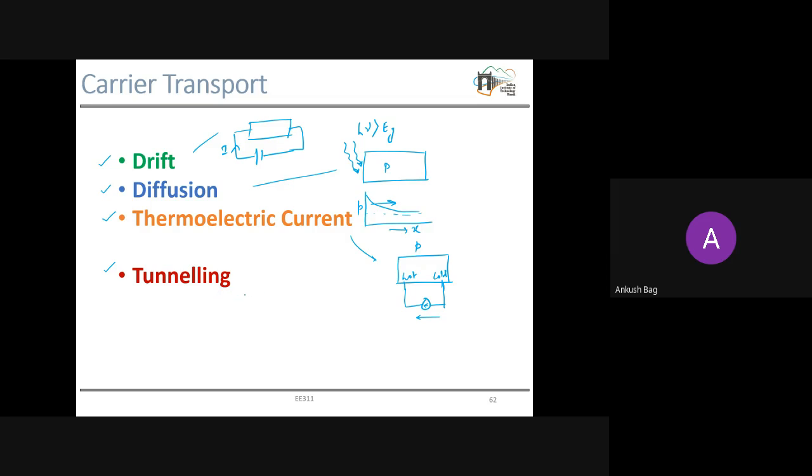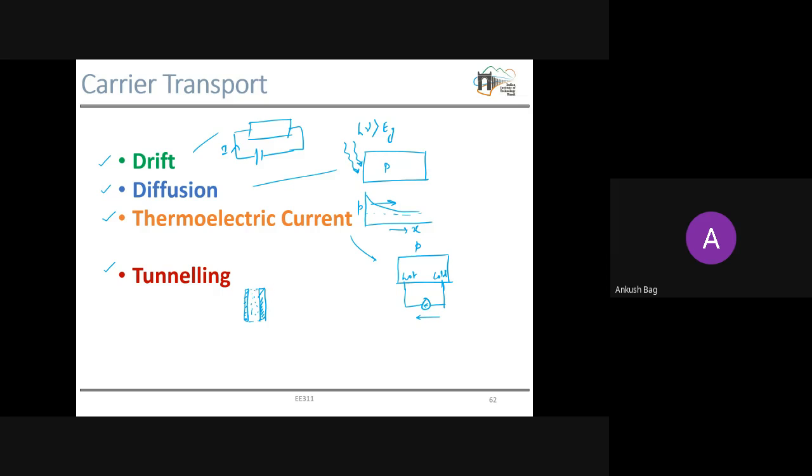Tunneling current you can observe, let's say, when we have two metal plates, and in between these two metal plates we have an insulator.